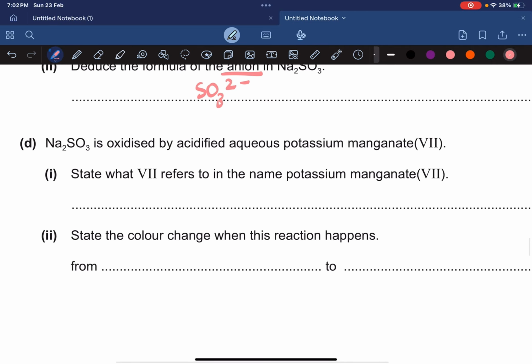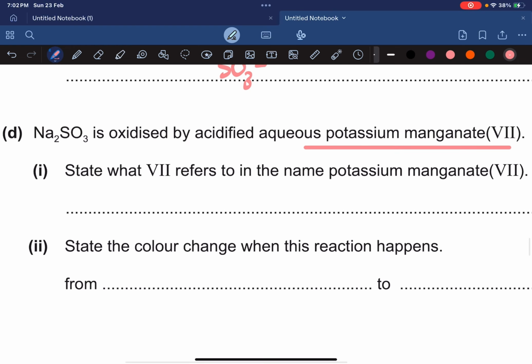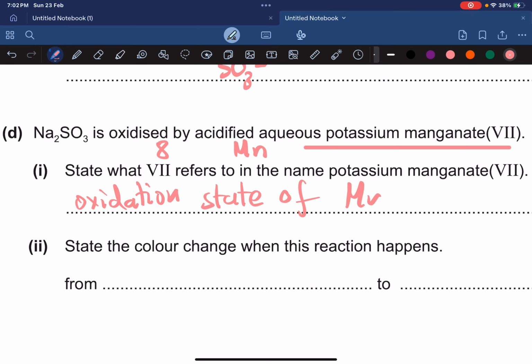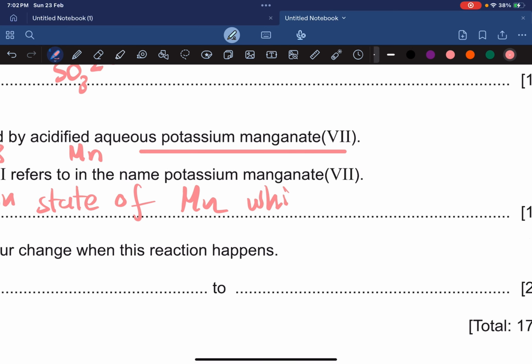Okay, Na2SO3 is oxidized by acidified aqueous potassium manganate(VII). State what VII refers to in the name potassium manganate. It refers to the oxidation state of Mn, manganese, which is +7.